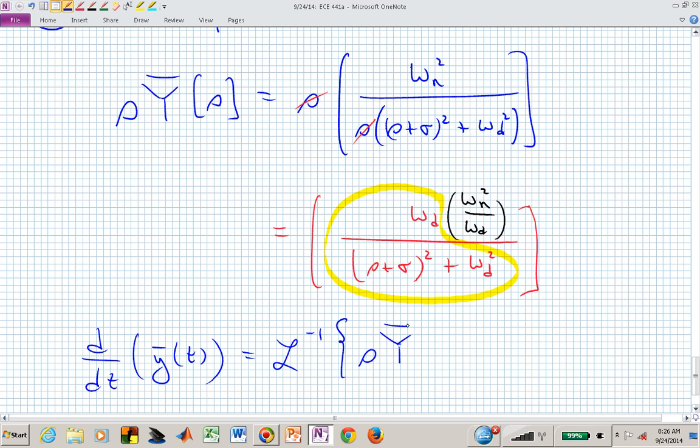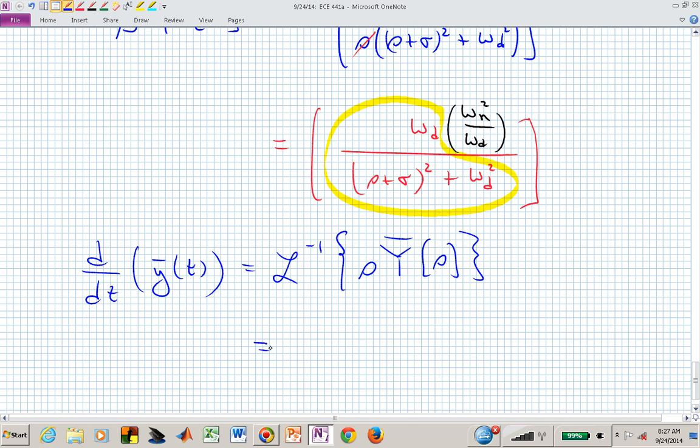Meaning, if somebody says, oh, d by dt of y bar of t is just the inverse Laplace transform of s times y bar of s, I hope you can see from that red boxed expression that's now just omega sub n squared over omega sub d times what I've highlighted in yellow, which is e to the minus sigma t sine omega sub d t.